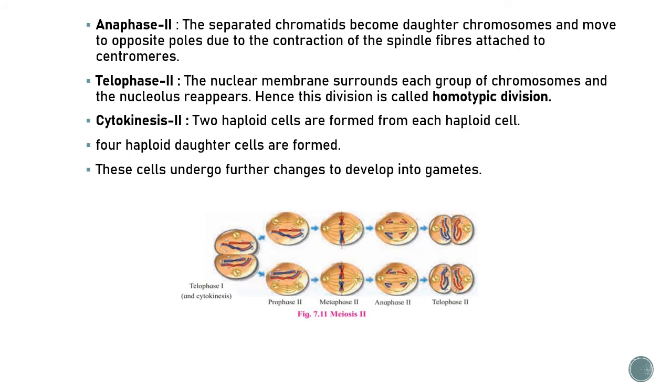In Telophase-II there is an appearance of the nuclear membrane surrounding each group of chromosomes, and the nucleus reappears. Hence, this division is called homotypic division. Remember, Telophase-II is called homotypic division.